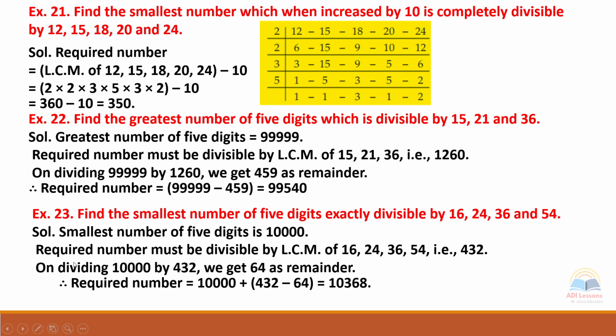On dividing 10,000 by 432, we get 64 as remainder. So required number equals 10,000 plus 432 minus 64, which is equal to 10,368. This is the smallest number of 5 digits exactly divisible by 16, 24, 36 and 54.